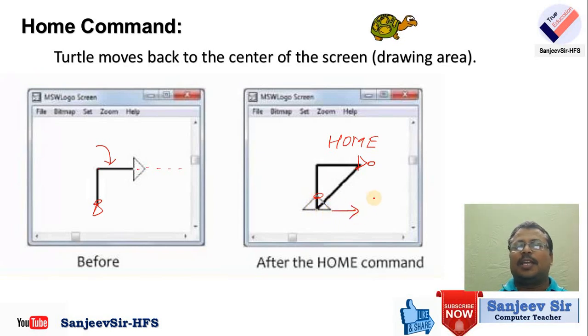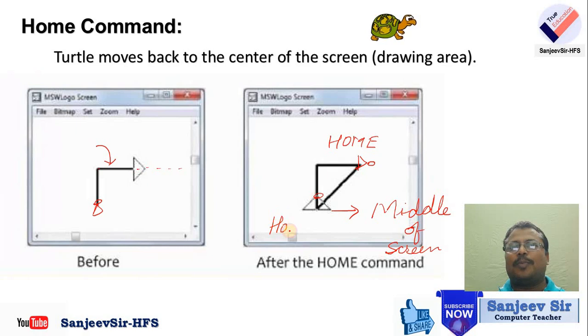That means the starting position, the middle of the screen. That means turtle will get to the home place. What does home place mean? Where turtle started to work. This is the home place.